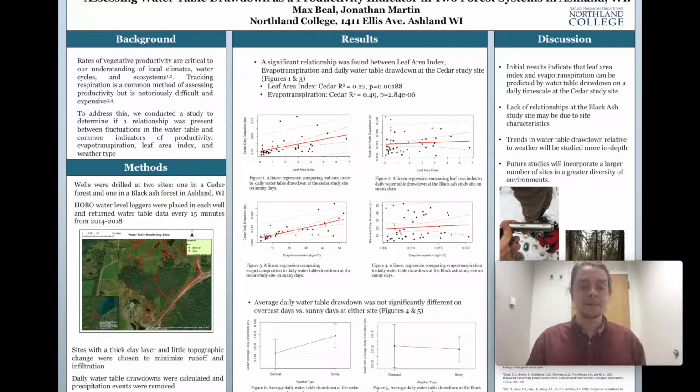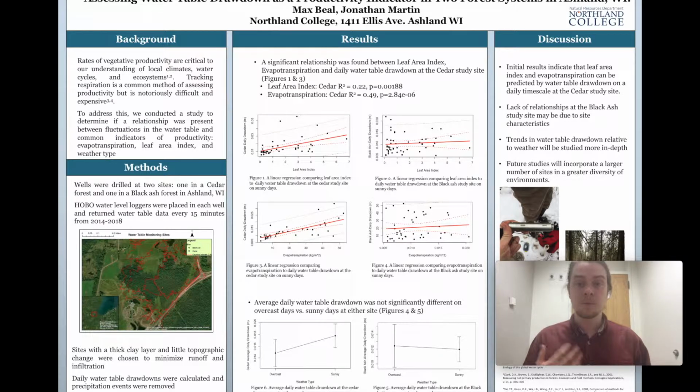And so this kind of leads into why we chose these sites, and that's because there's a very thick layer of clay and organic soil here, and a very low elevation gradient, which does not allow water to infiltrate, and it does not allow water to run off very easily. And so that makes sure that water is leaving our system through transpiration or evaporation.